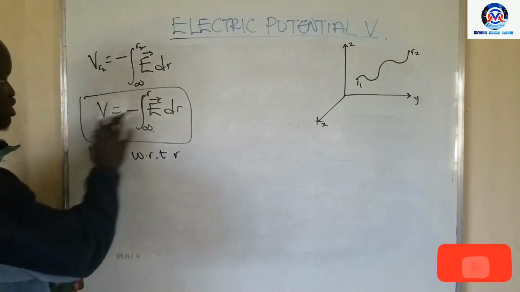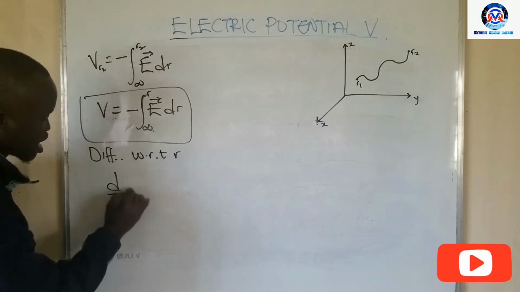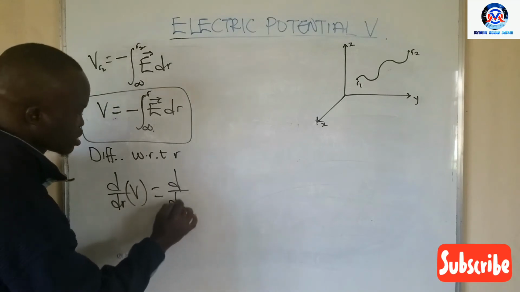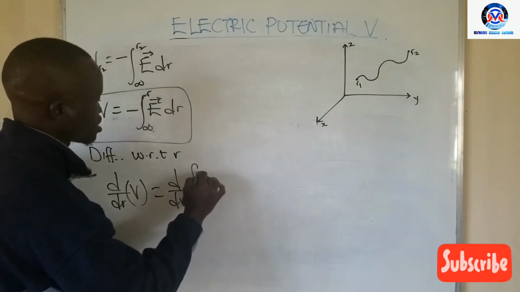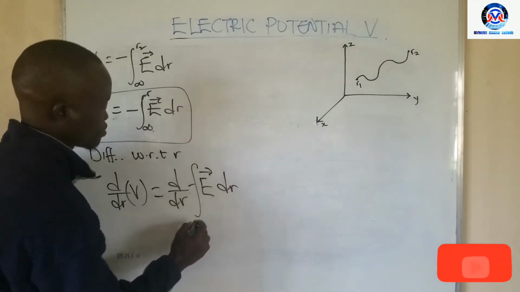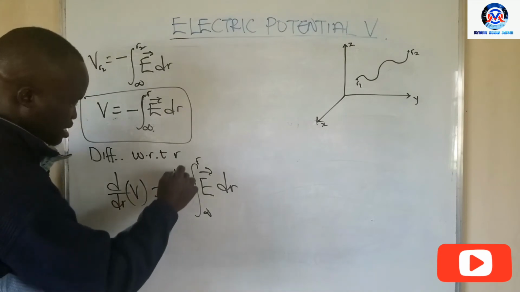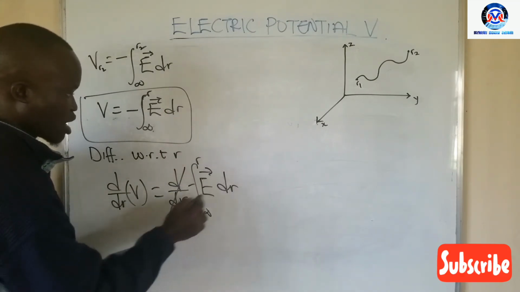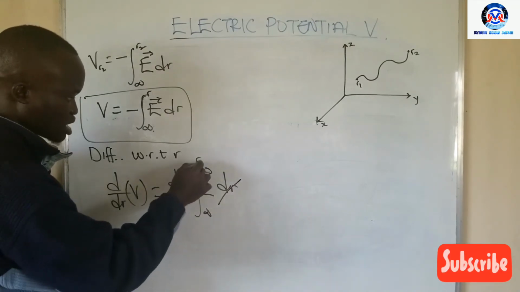So applying this technique now, by the time we differentiate both sides with respect to r, that is d dr of V, we are going to have d dr of the negative integral of E dr from infinity to r. So this d dr, we cancel this dr, and this d cancels the integral sign.